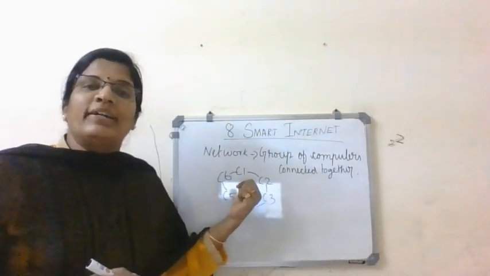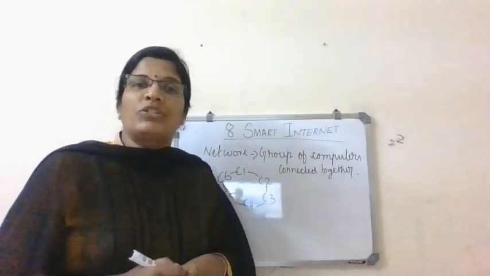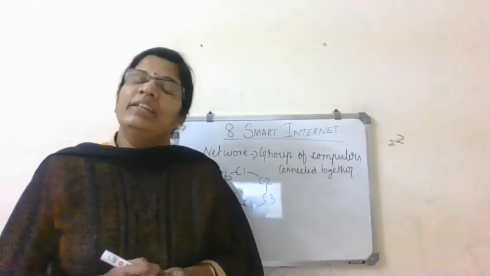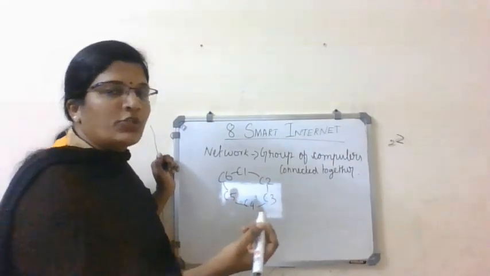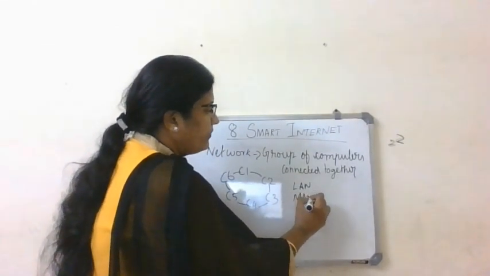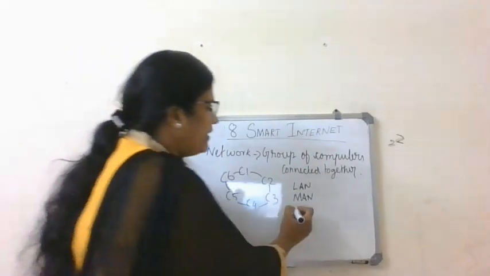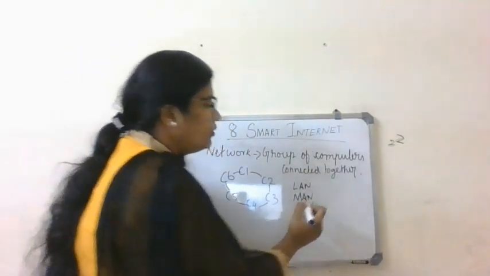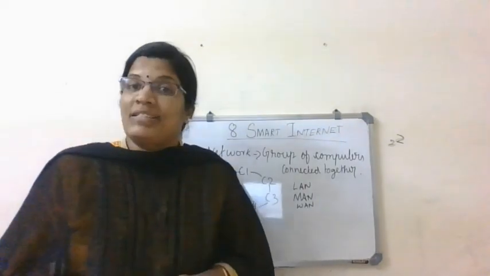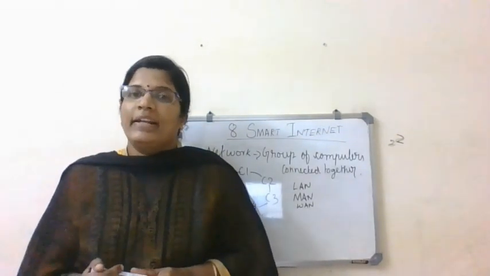And what is connecting computers within a building called? I think we studied the same in the first chapter, right? So LAN, then MAN, then wide area network, which we can call the internet. It's one of the best examples of a wide area network.